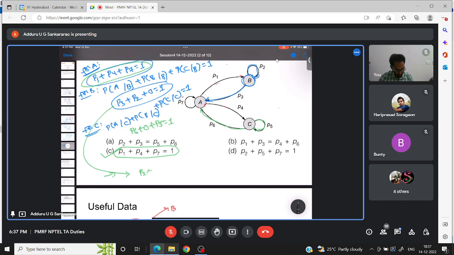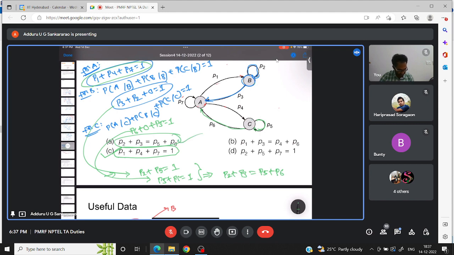P2 plus P3 equal to 1 for state B. Similarly, for state C, what we got? P5 plus P6 equal to 1. So from these two, I can deduce P2 plus P3 equal to P5 plus P6. So option A is also correct.